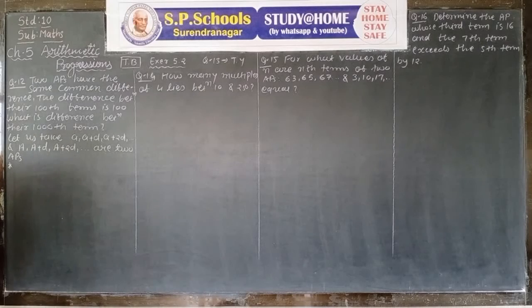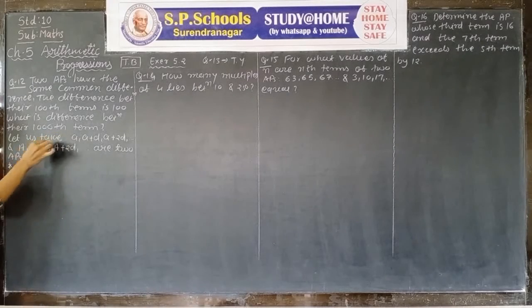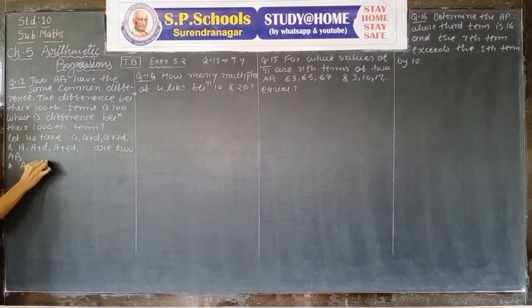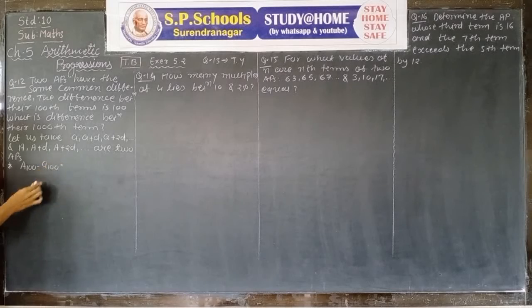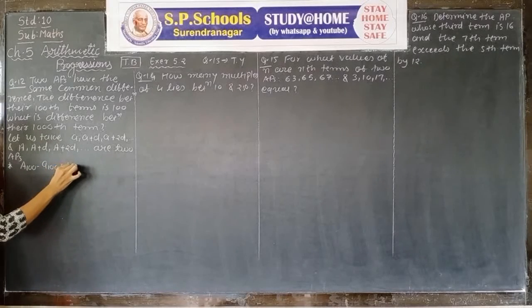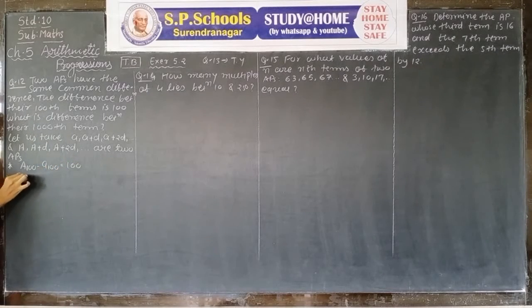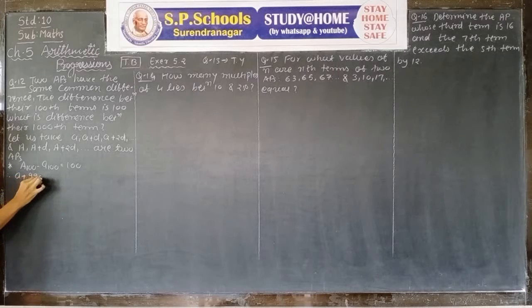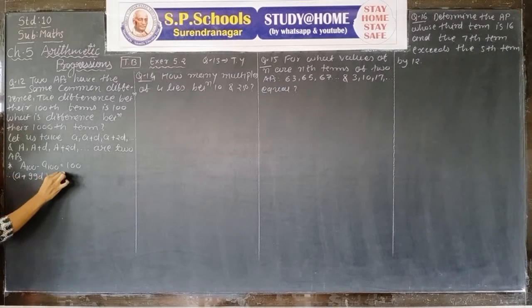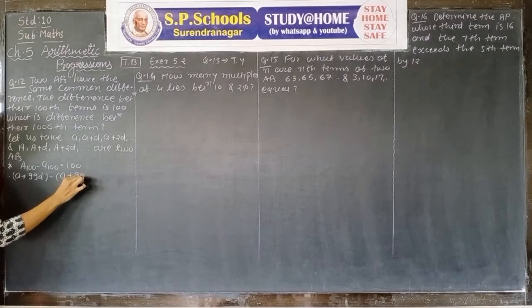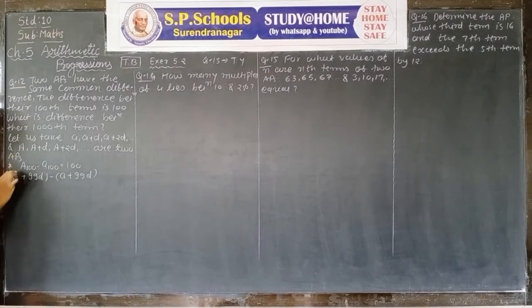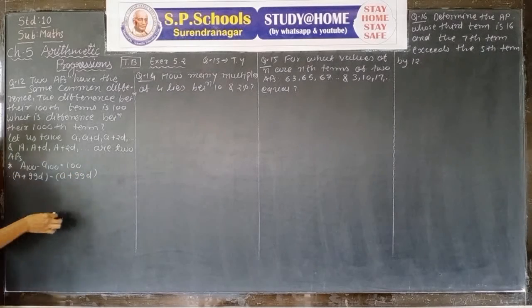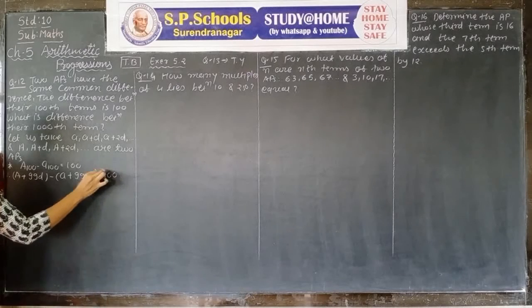Here the difference between the 100th terms is given. We find the difference between the 100th terms of the two APs. A100 minus A dash 100, the difference between the 100th terms, is equal to 100. So A plus 99D minus A dash plus 99 into D, where capital A and A dash are different first terms, is equal to 100.